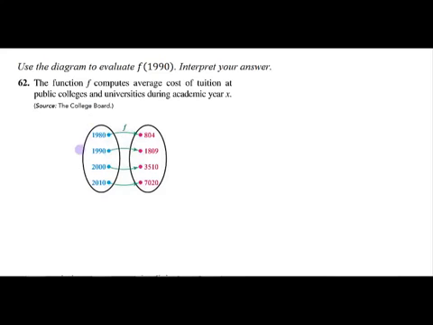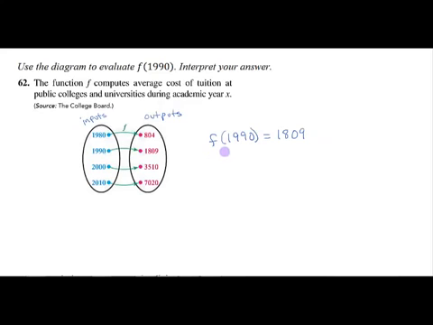The first set of numbers is called the set of inputs, and they're getting sent by this function f into a second set, which are your outputs. So if we're evaluating f of 1990, we want to look at an input of 1990. f of 1990 equals, that's getting sent to 1,809.